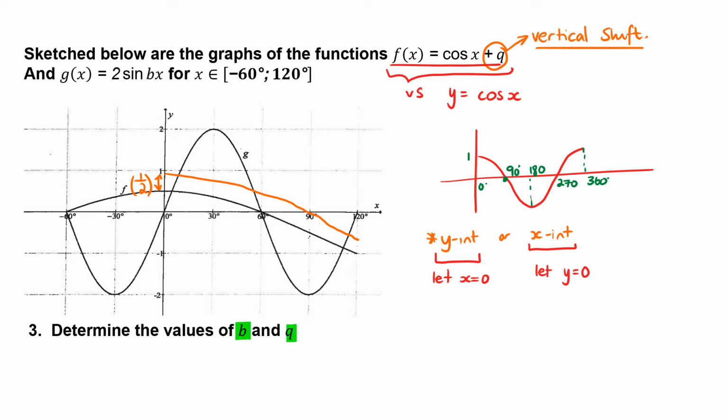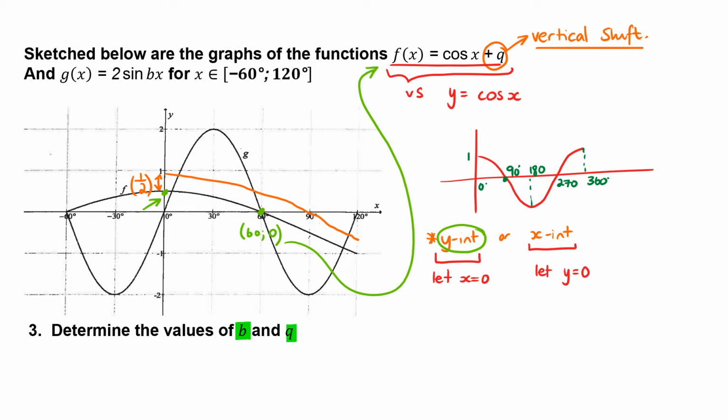Now, we can't use a y-intercept in this case, because that's the point that we're looking for over there. We can, however, use this x-intercept over there, where we've got the coordinates of 60 and 0. And what we're going to do is plug that straight into our formula for f of x.